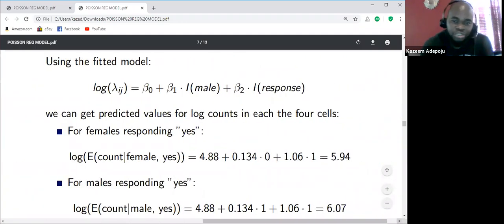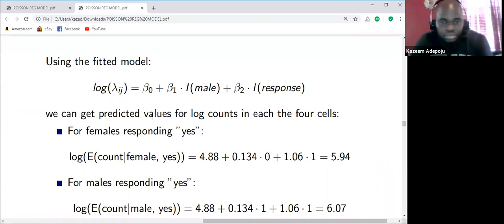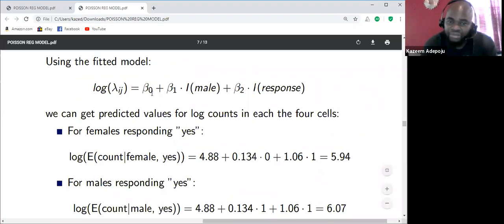We have a fitted model, and we have already plugged the values of beta 0, beta 1, and beta 2 into it. Then we can predict values. For females responding yes, we can find the log of the expected count given female and yes. How am I going to do that?